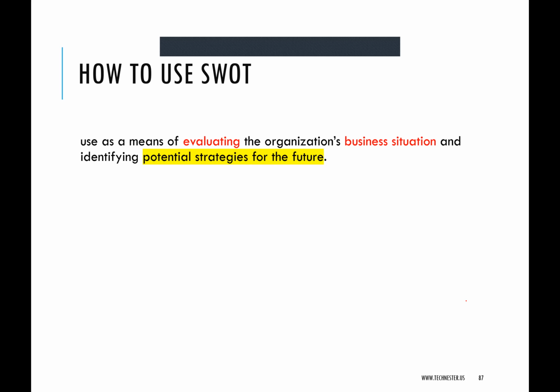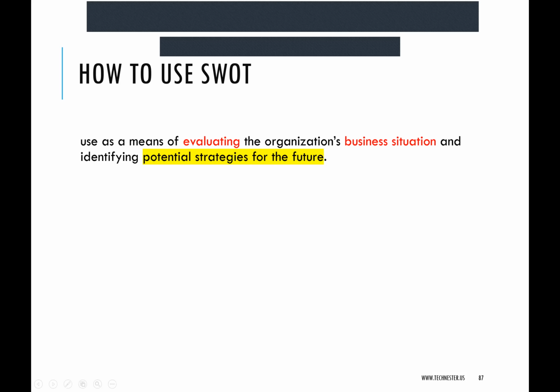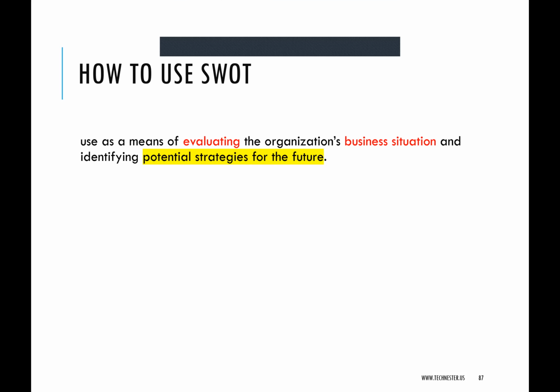You can identify areas that need strengthening by analyzing the weaknesses. And at the end of the day, you can develop a strategy to help you get to your future state just by looking at the different sectors of your SWOT: strengths, weaknesses, opportunities, and threats.